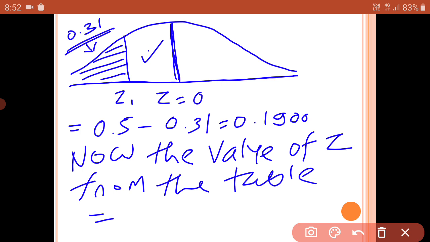We find the value 0.5. And z we write on the left side, so this value is minus, so z1 is equal to minus 0.5. You will find 1900 in the table. Wherever you get 1900, match the left side value and the top value, and you will get 0.5. The table is to be viewed in reverse, so the answer will be minus 0.5.